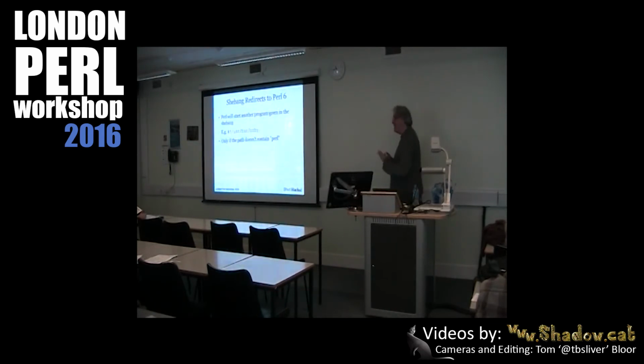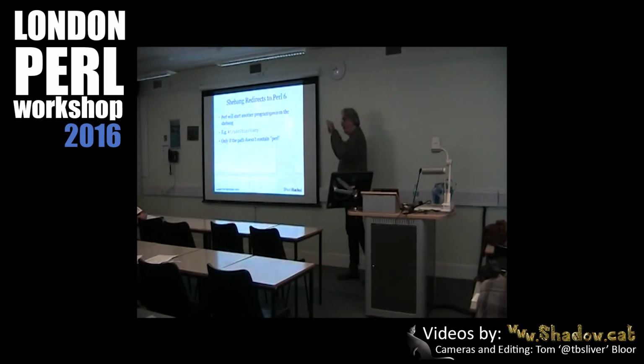But there used to be an exception that if the path contained the string Perl, it wouldn't do that redirection. Now if the shebang string includes Perl 6, it will call Perl 6. So now you can write a Perl 6 program, put the Perl 6 shebang at the top, and then you can run it with Perl because it will be automatically redirected.